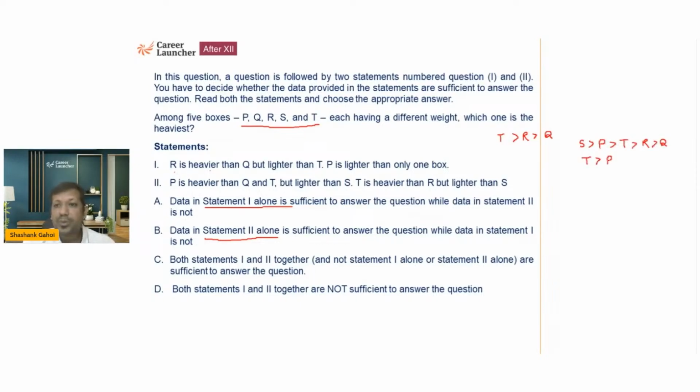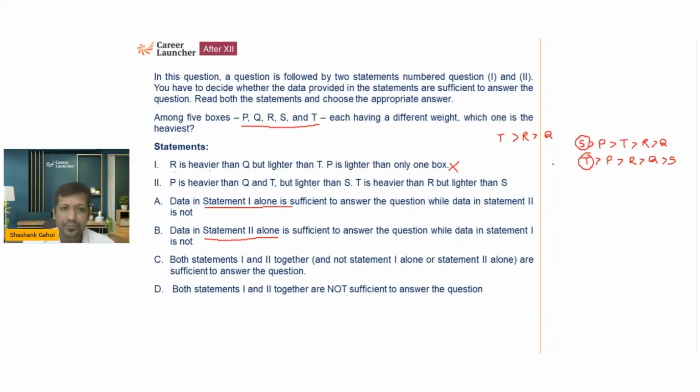Second possible arrangement, I can see it is R, Q, S, because there is no information given about this. There might be multiple other arrangements as well, but I don't care about them, because in the two arrangements, I am getting S as the heaviest and T as the heaviest. So can I determine exactly? Statement 1 alone is sufficient? No. So first alone is not sufficient.